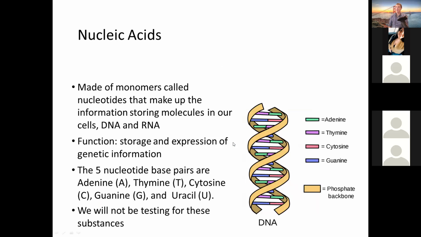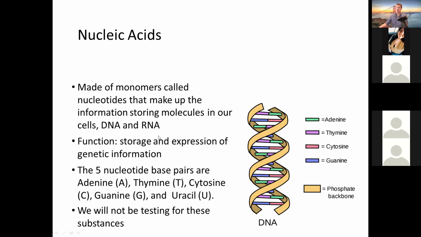Okay, the last macromolecule here is nucleic acids. These are made of monomers called nucleotides that make up the information storing molecules in our cells, DNA and RNA. There are 4 nucleotides shown here that make up nucleic acids: adenine, thymine, cytosine, and guanine.